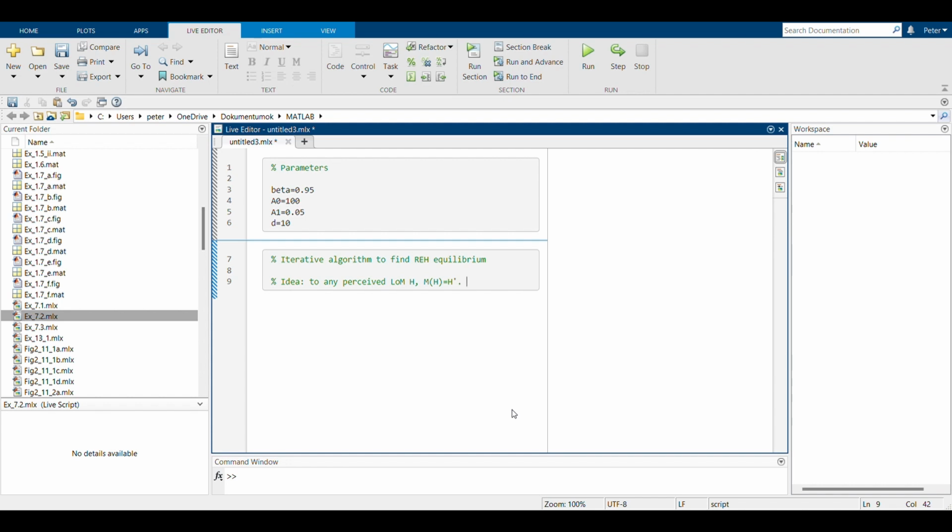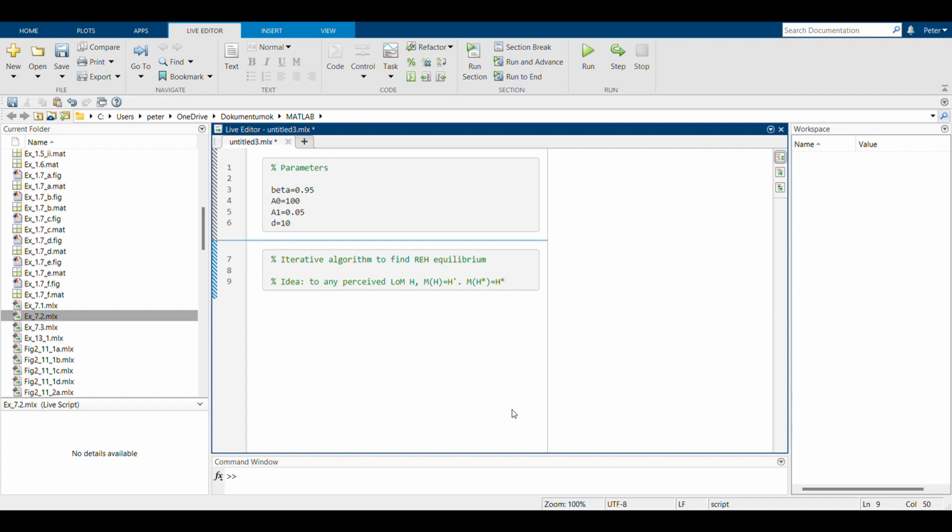So this is the basic idea under the iterative algorithm. And there is an interesting fact about this mapping: it has a fixed point. So there is one perceived belief law of motion that implies itself as an actual law of motion.